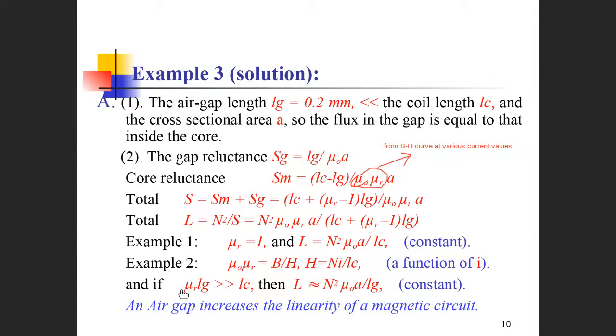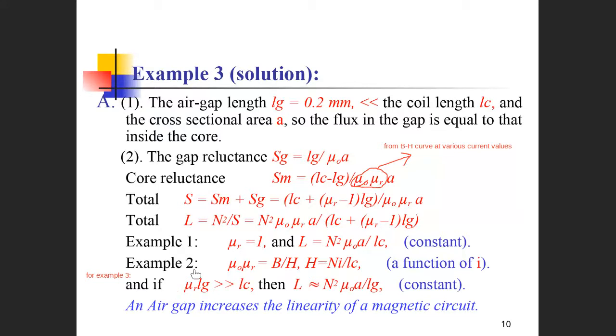For example 3, the relative permeability mu r is very big, although the air gap Lg is very small.